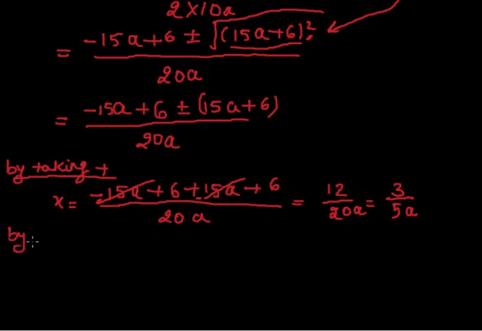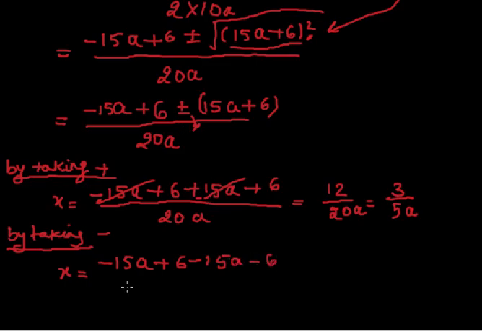And similarly, by taking the negative sign, we will get the second value of x, which will be x is equal to minus 15a plus 6 minus 15a minus 6 divided by 20a.